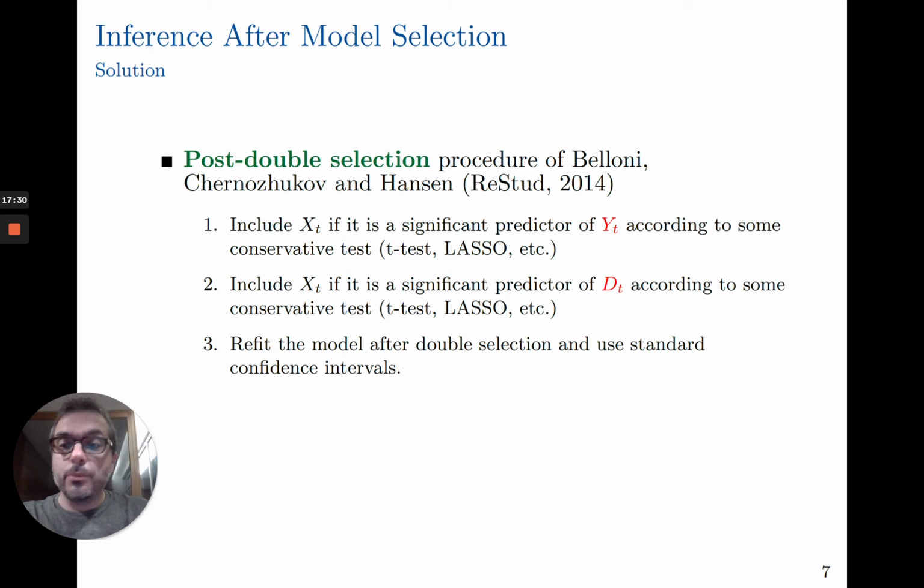Why will this work? Because we have to multiply by 2 the number of errors that we have to make in order to wrongly remove x from my equation. We have to make a mistake that x is not relevant in the long regression of y on d and x, and you have to make a mistake also on the regression of d on x.